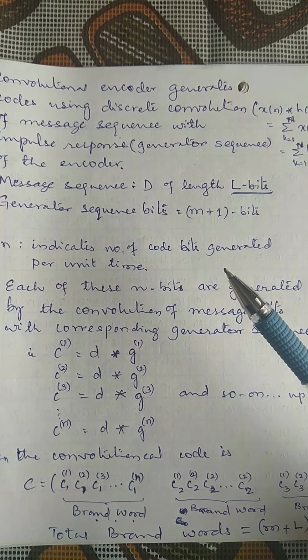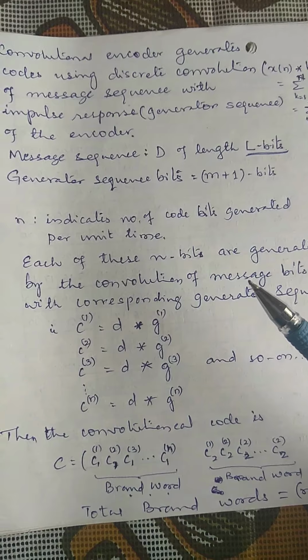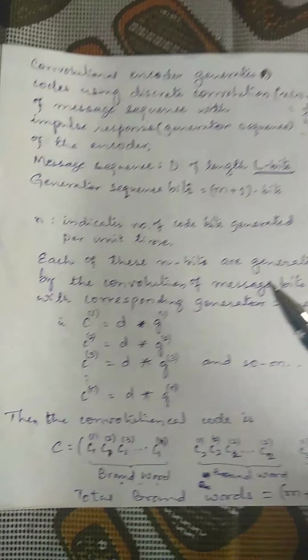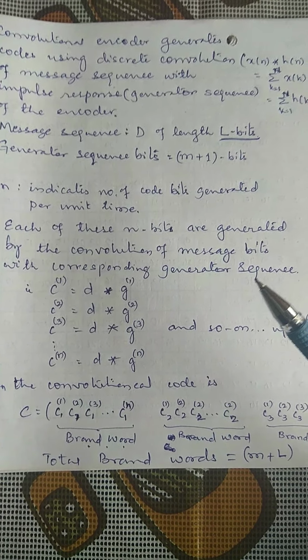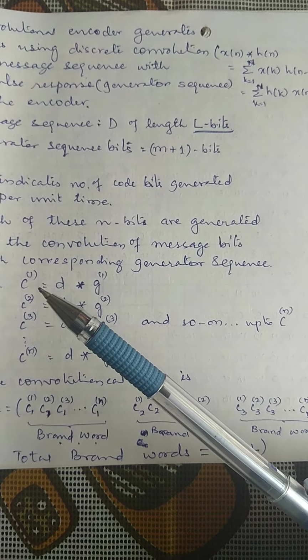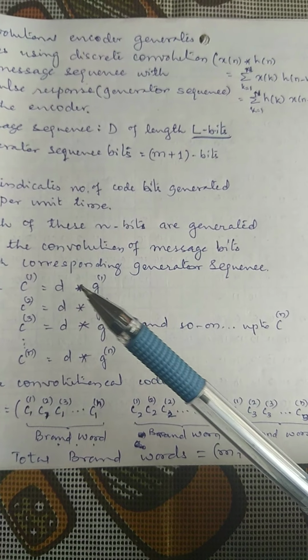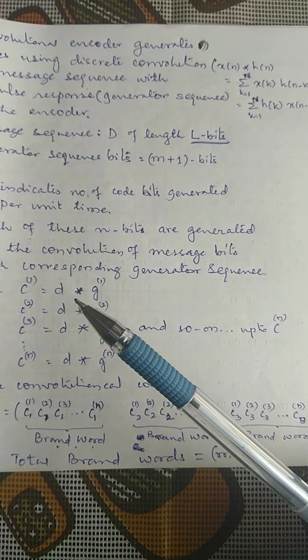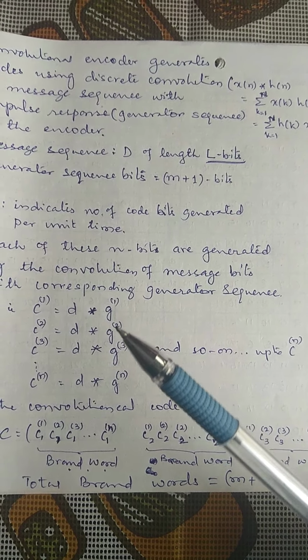n indicates the number of code bits generated per unit time, and each of these bits is generated by the convolution of the message bits with the corresponding generator sequence. So c1, the first bit of the convolution code, is generated with the convolution of the message with the generator sequence of the first output.